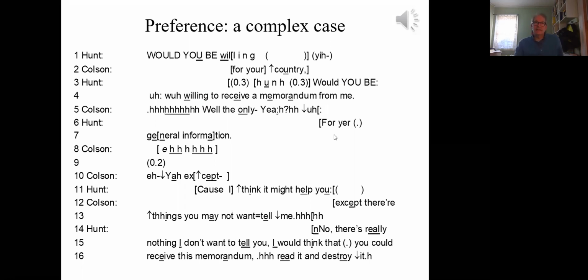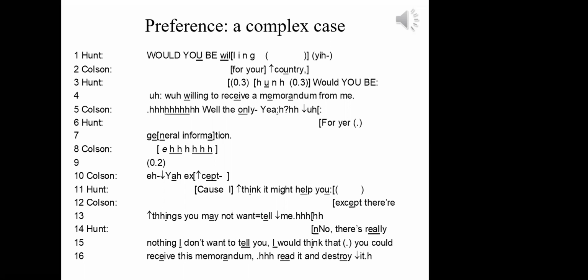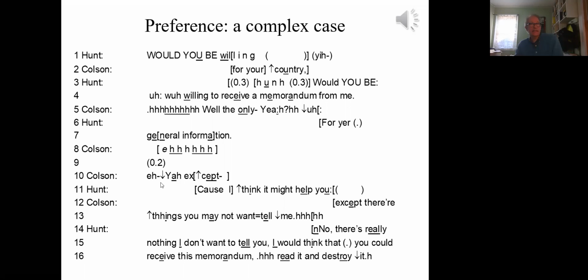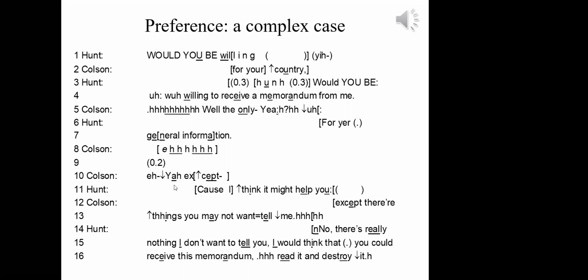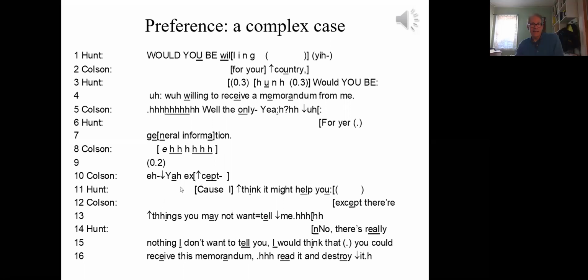You ask somebody or you request something from somebody and they do that. Well, the only, yeah, you can see that on line 10. You can see it on line 10 too. Yeah. Except, so there's a yes, but here. Yes, but, you know, except something else.